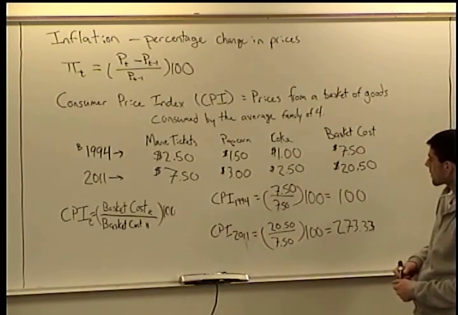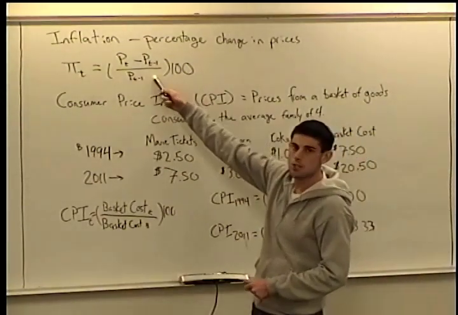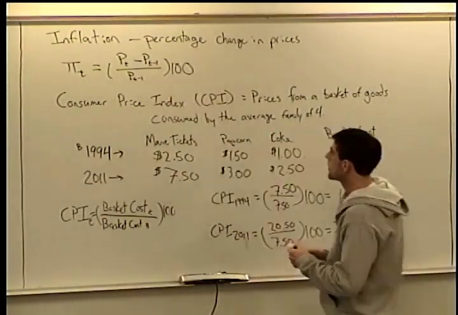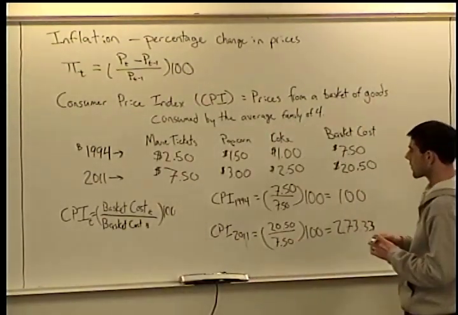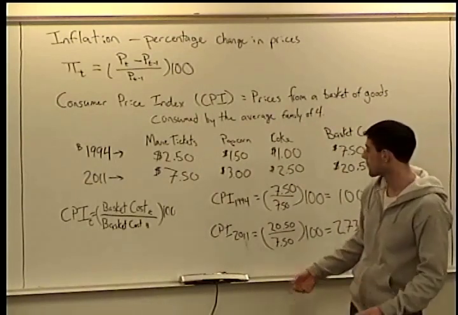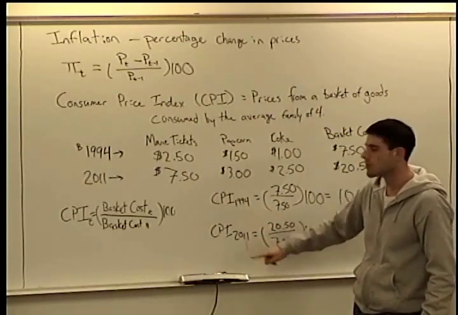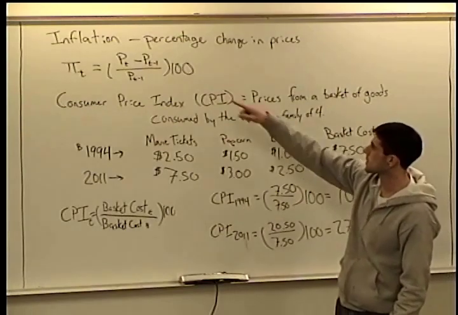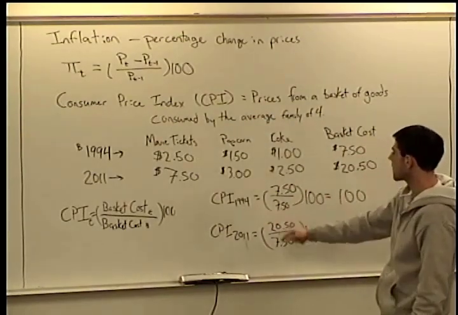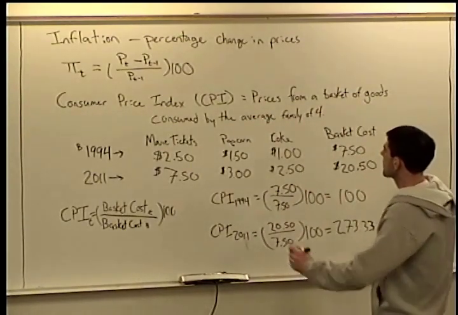Finally, to calculate inflation, we just take the percentage change of the CPI. So if we want to find total inflation, what was overall inflation between 1994 and 2011? We take the percentage change in prices between 1994 and 2011.